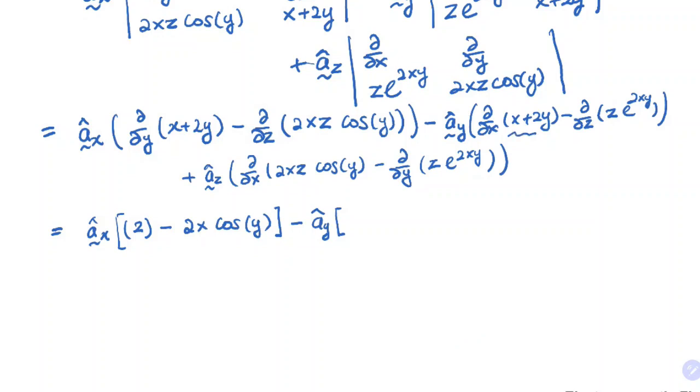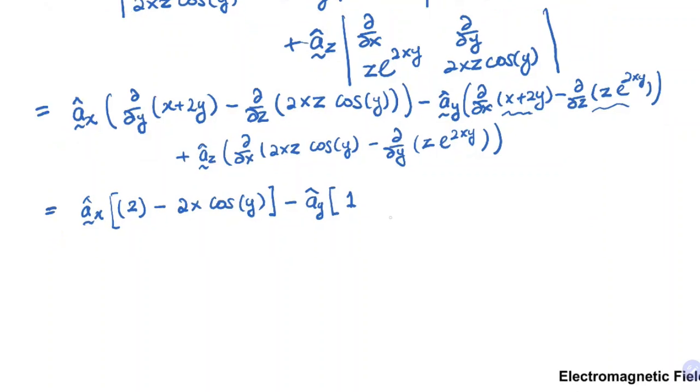And then this one, with respect to x, that simply equals to 1. And then this one with respect to z, that will be minus exponential 2xy.